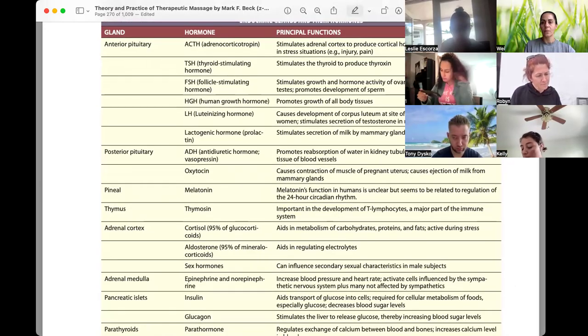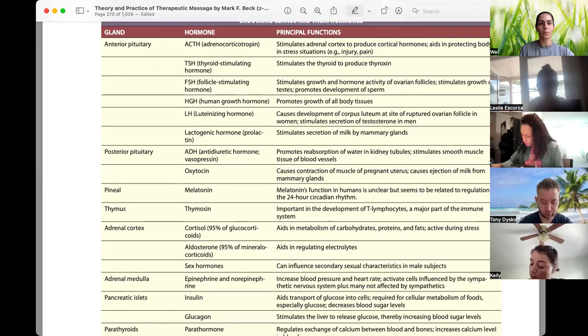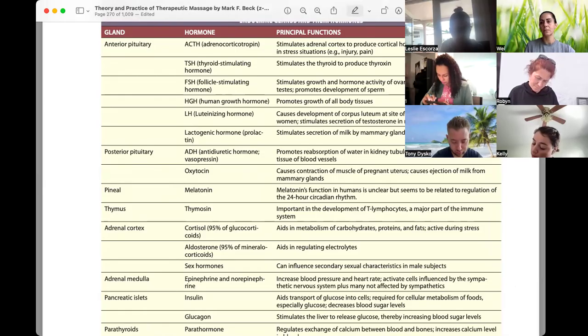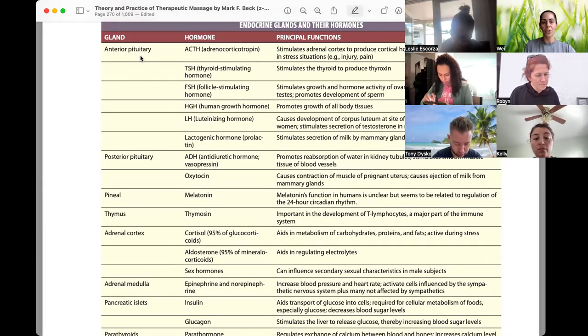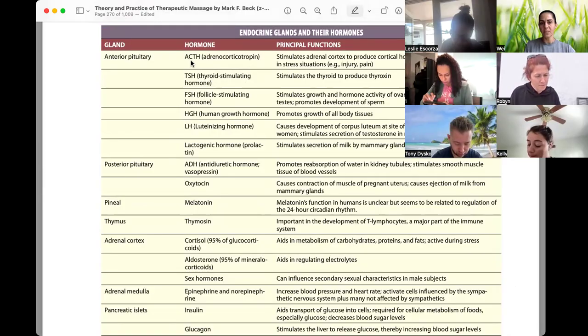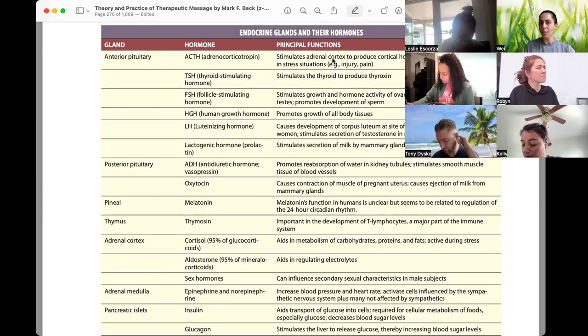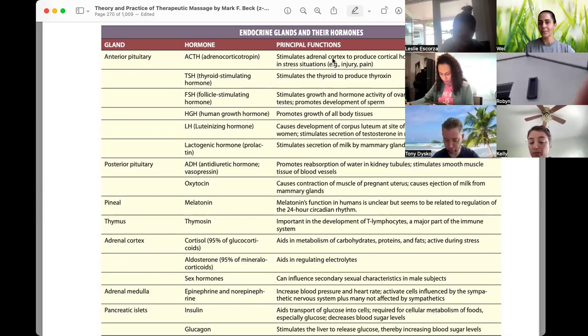Alrighty, let's continue. So the master gland is the pituitary gland. Anterior portion, we start with ACTH, and that is responsible for stimulation of the adrenal cortex, which is located on top of your kidneys.